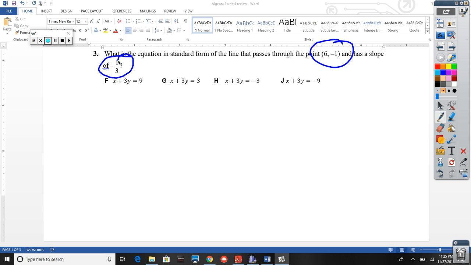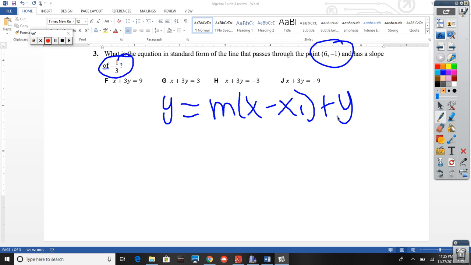Alright, easiest way to do this would be point-slope form: y equals m times x minus x1 plus y1.